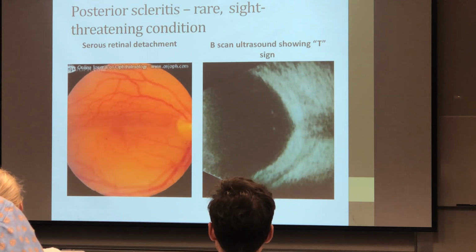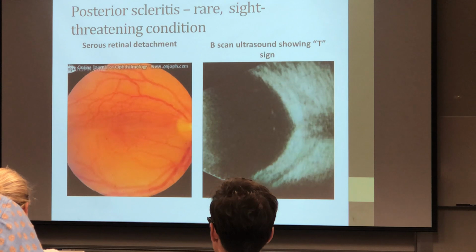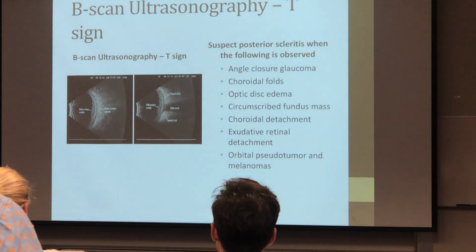Fortunately, with the development of ultrasonography, particularly B-scan ultrasonography, that has helped us to rule out tumors, and it helped us note that behind the sclera there is an area of edema, which I'll show you better here. Here, a B-scan ultrasonography.